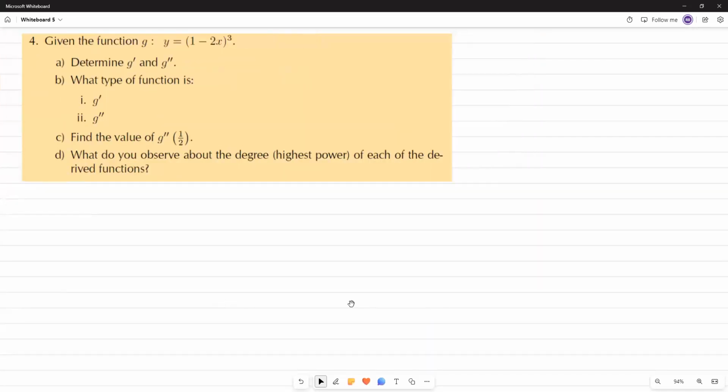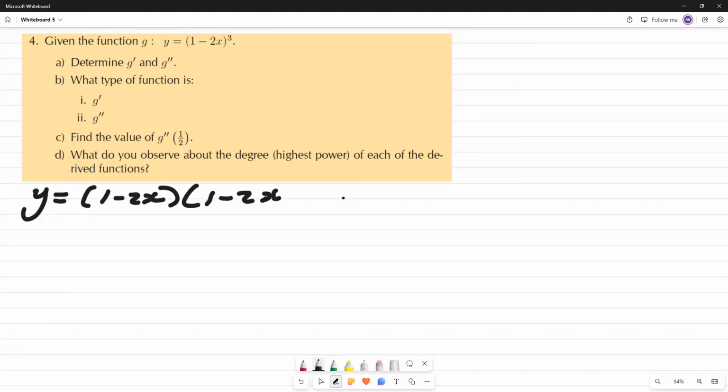On 4, basically it's the same thing as what we've been doing, but here it's just too long because we need to firstly FOIL. Let's do that quickly. y equals 1 minus 2x, 1 minus 2x, 1 minus 2x. I'm making 3 brackets because of that power there.